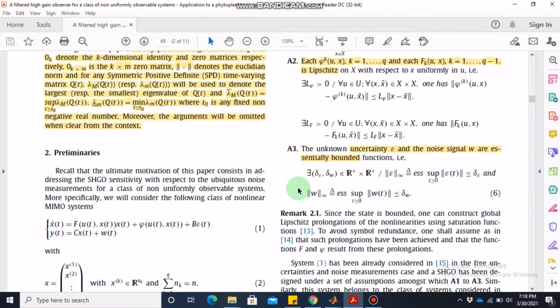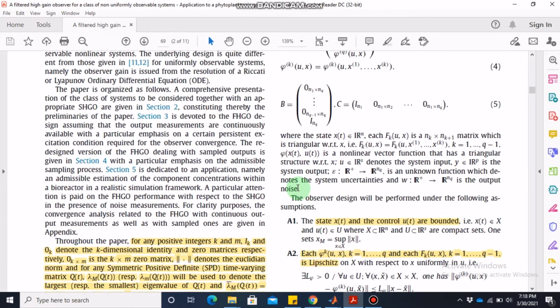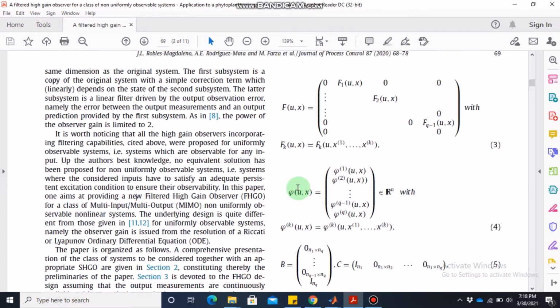Here, if you look at the shape of the f matrix, it has an upper triangular structure where the main diagonal has zeros, and the blocks above the main diagonal have these functions f1, f2, and so on up to f of q minus 1.